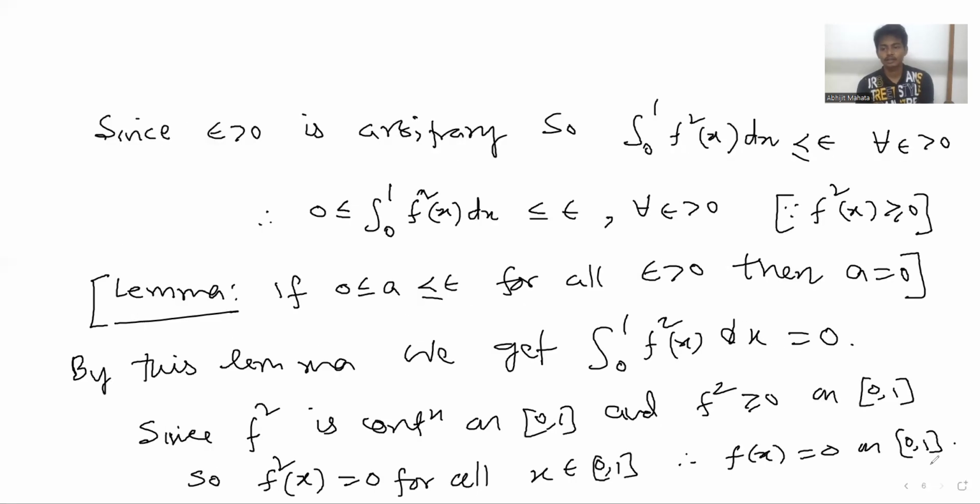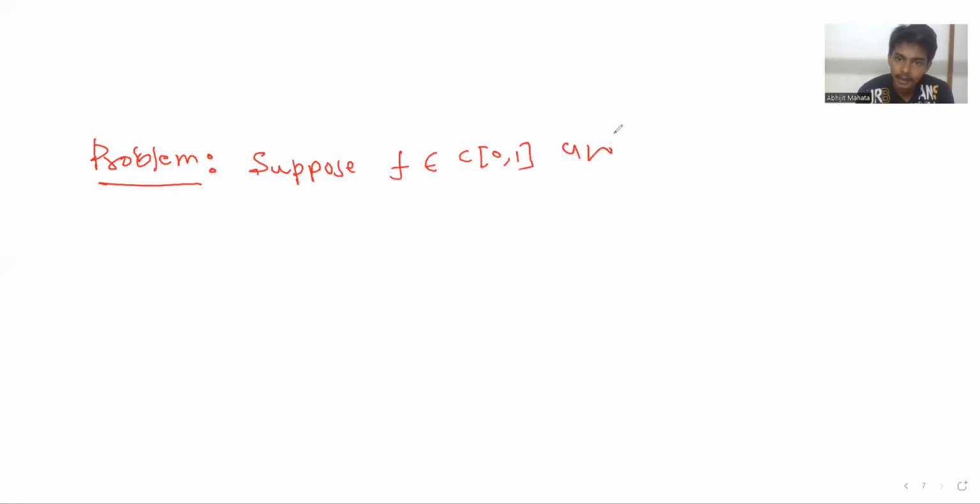Now, similar to every day, I'll give you a problem sheet here. So, a question: try by yourself. Suppose f is continuous on 0 1, and the integration from 0 to 1 of f x times x to the power 2n dx equals 0.